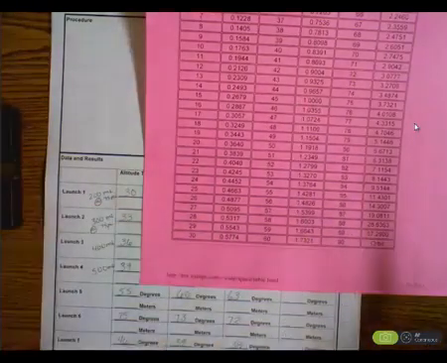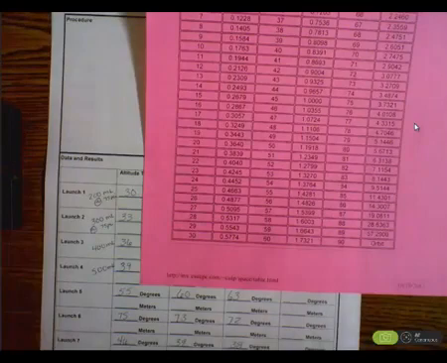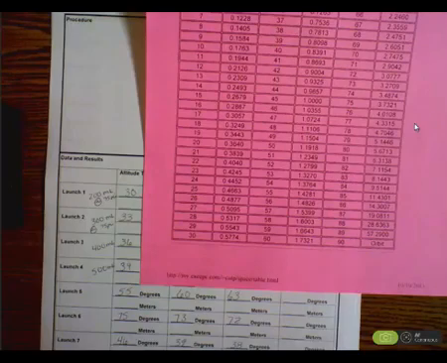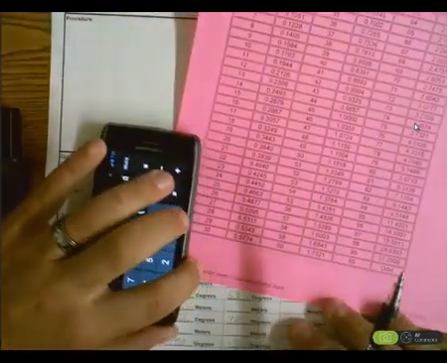And I pull out my calculator. Put a calculator that you can see well here.